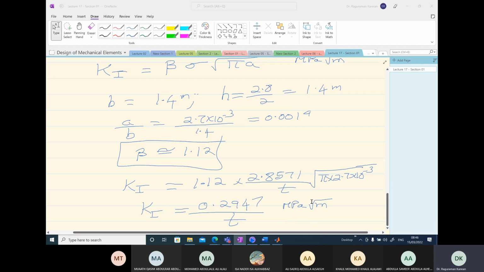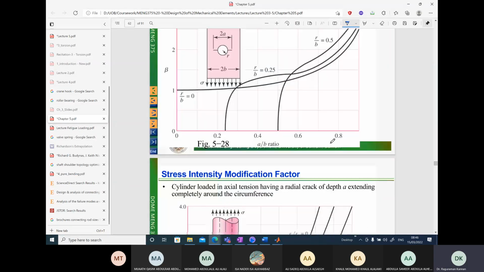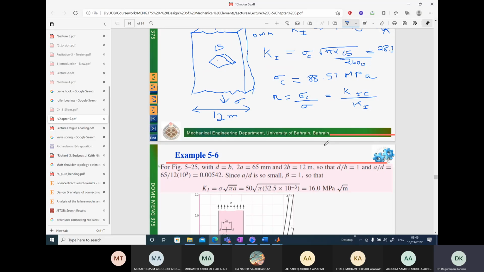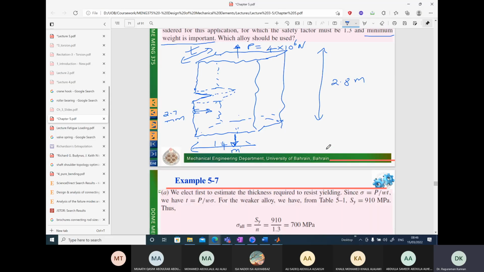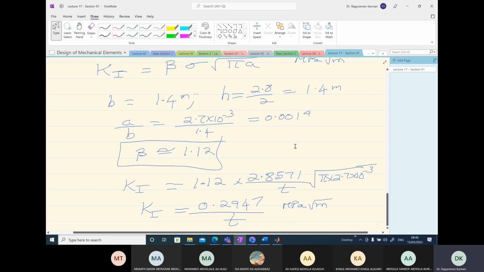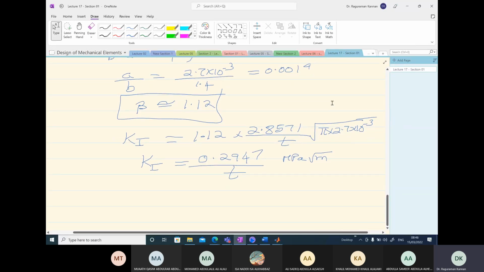Now this value, if no failure is to take place for the given problem, then this K I value should be less than or equal to the K IC values for the two materials. Okay, so what is the K IC value for the two materials?